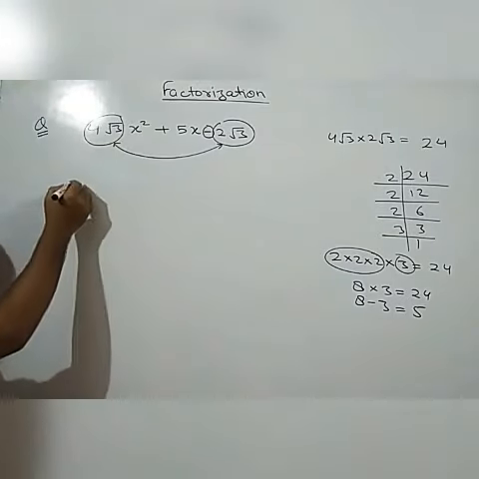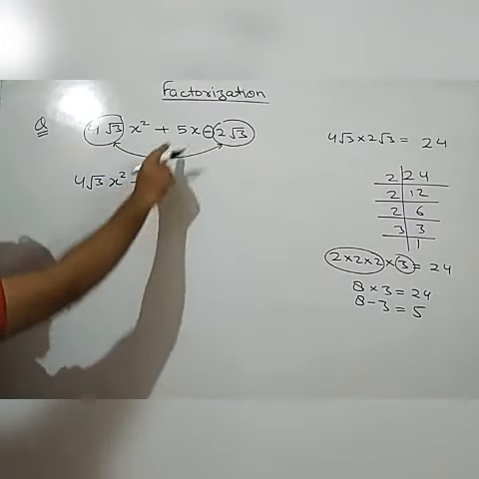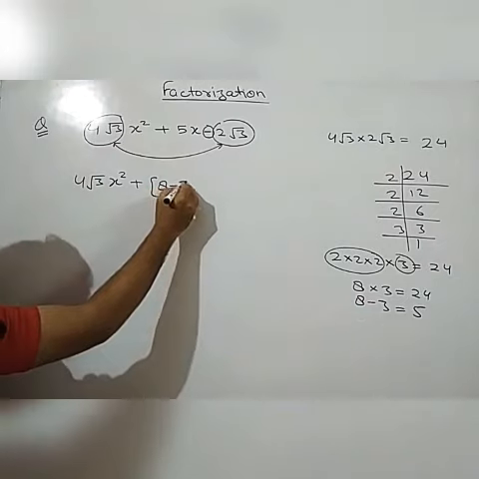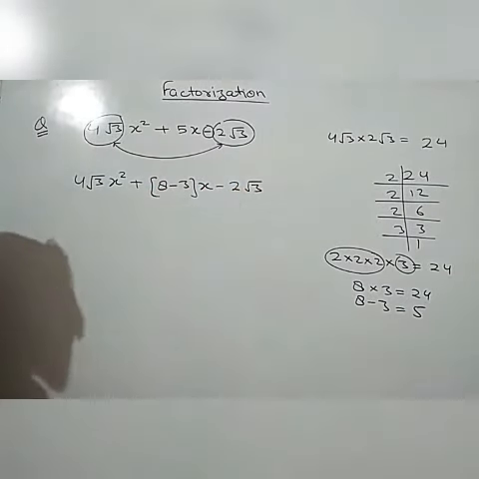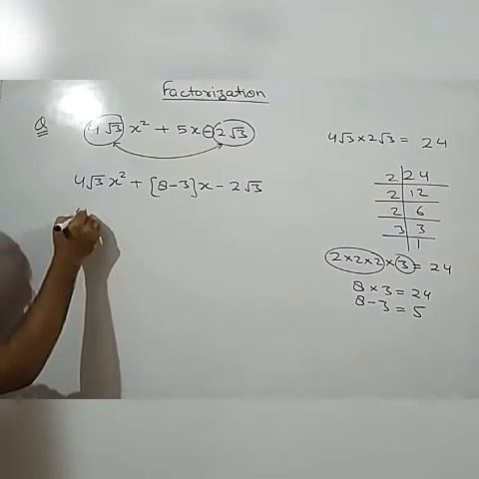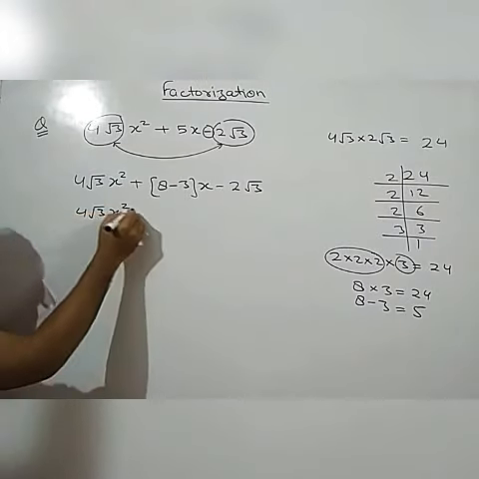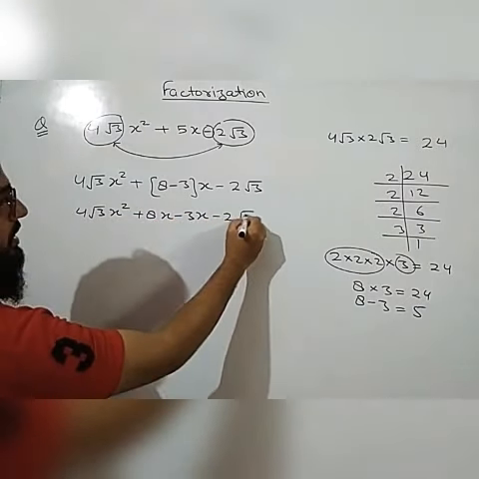So the expression would be 4 root 3 x square plus, in place of 5, 8 minus 3 into x minus 2 root 3. Now multiplying this x inside the bracket, we will get 4 root 3 x square plus 8x minus 3x minus 2 root 3.